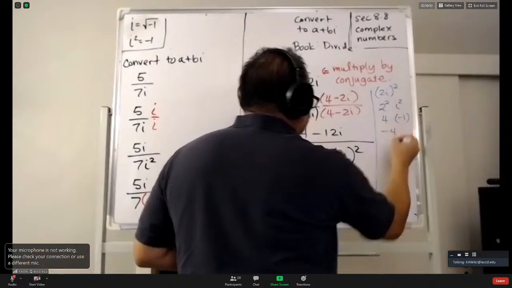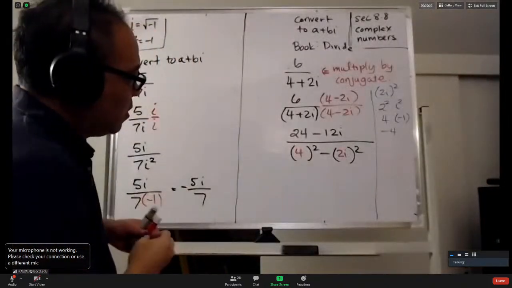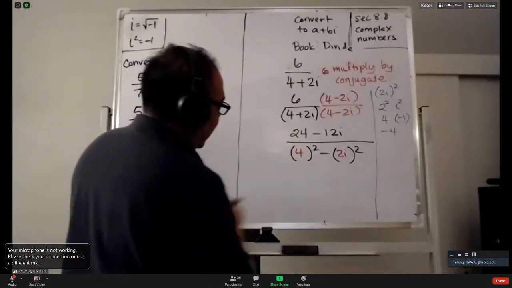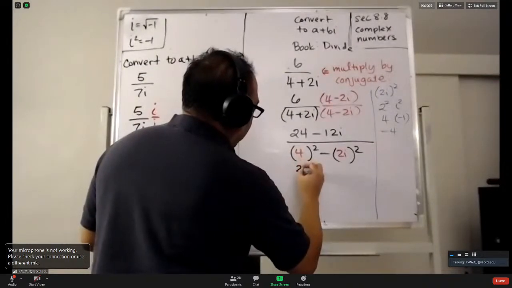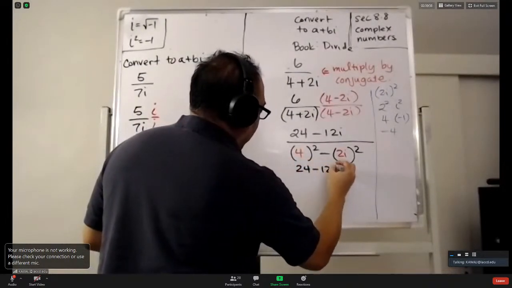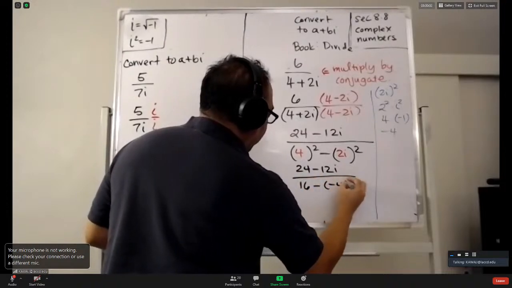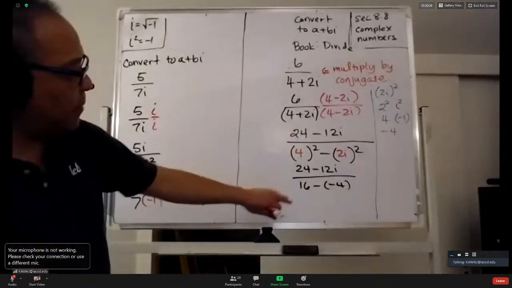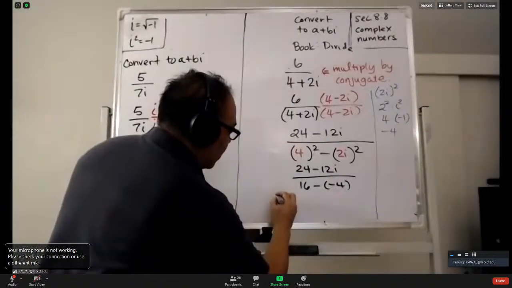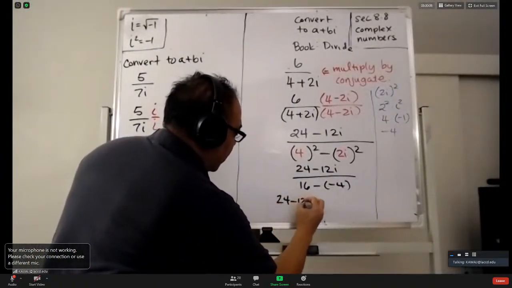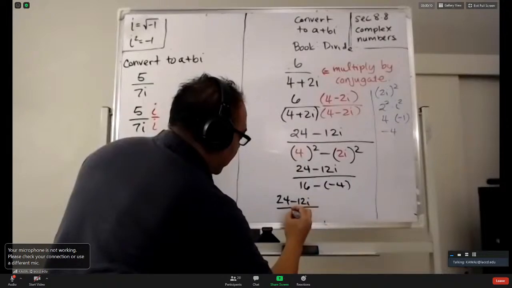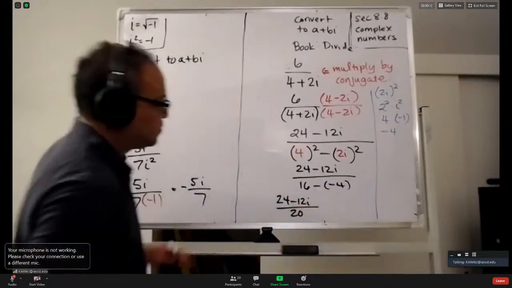So then you get -4. So what's going on here is that I have 24 minus 12i divided by 16 minus 4. So now that becomes a plus, and I get 24 minus 12i divided by 20.